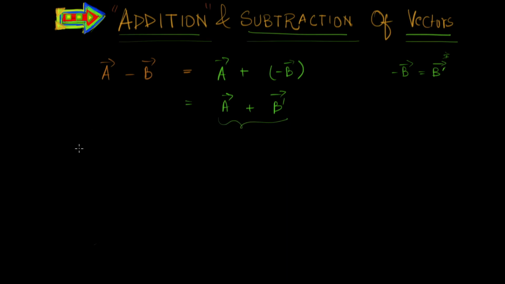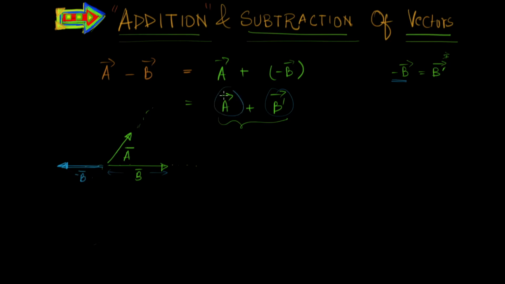So let us draw A and B to start with, to look at what's happening graphically. Now A, say this were A, and this were B. So you have A vector here, pointing in this direction, and B in a rather horizontal orientation. Now, B prime is the negative of B. So that means if I take this length, of howsoever long this is, and I extend it in the reverse direction, then this would be -b vector.